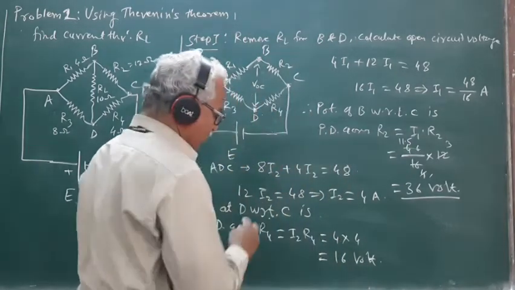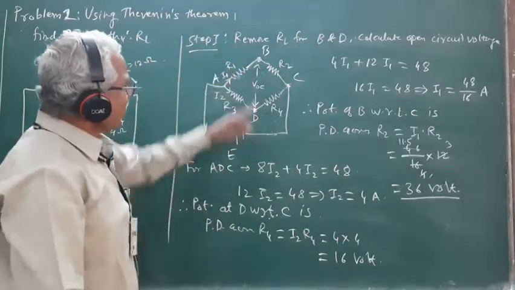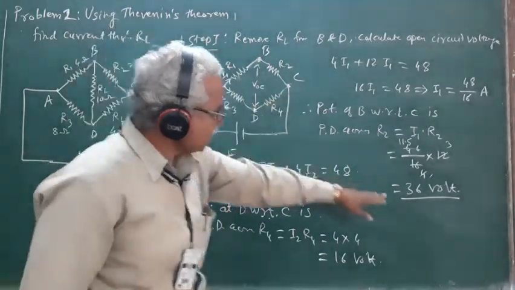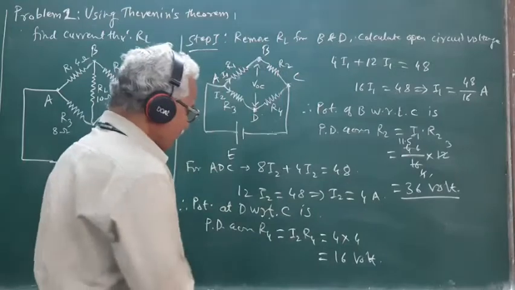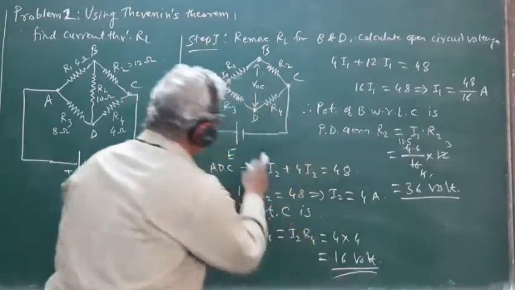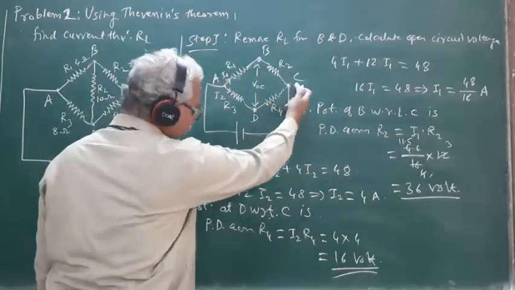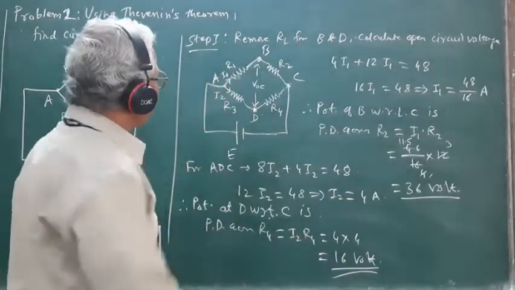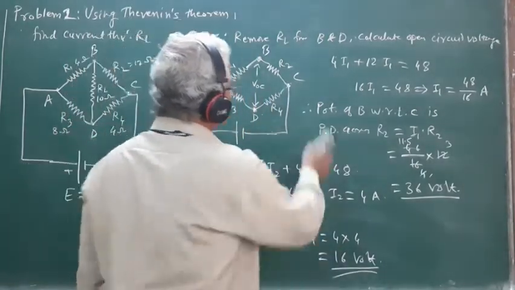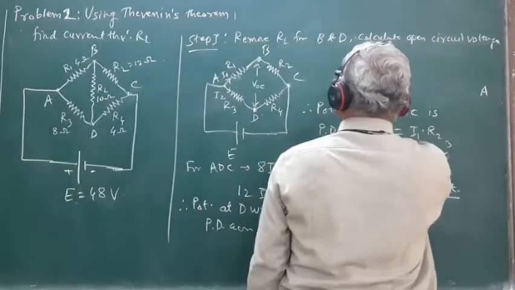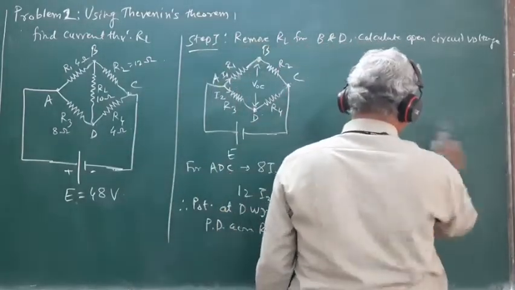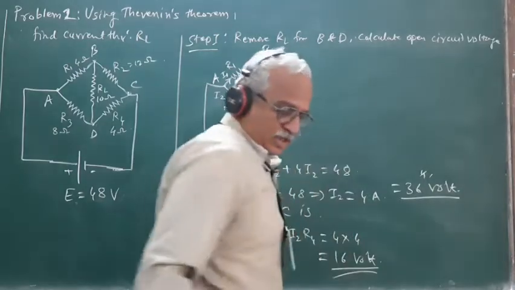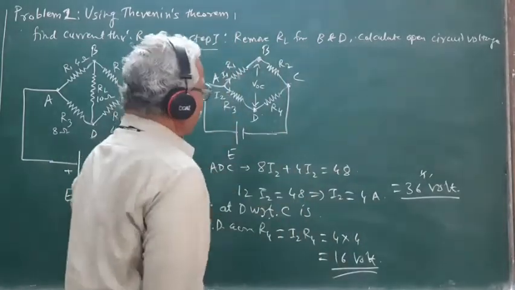So the potential at the point B with respect to C is 36 volt, and the potential at the point D with respect to C works out to be equal to 16 volt. Therefore, the potential difference across the terminals B and D is nothing but equal to the difference between these two voltages.